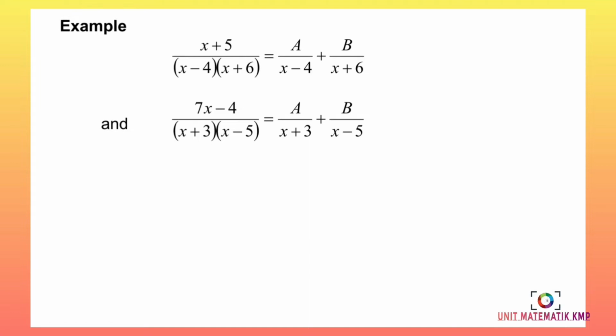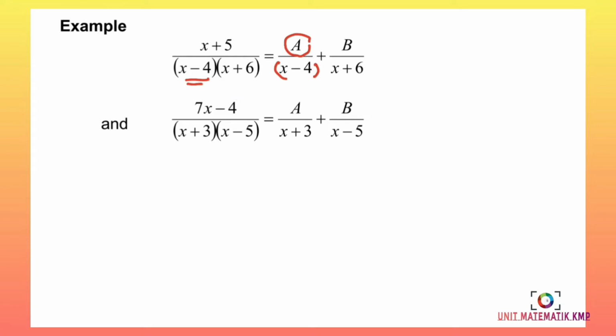Okay, let's look at how we can split the given proper fraction into partial fractions. For example, here we are given the left hand side (x plus 5) over (x minus 4) times (x plus 6). To split into partial fractions, x minus 4 is a linear factor, so the numerator should be a constant.